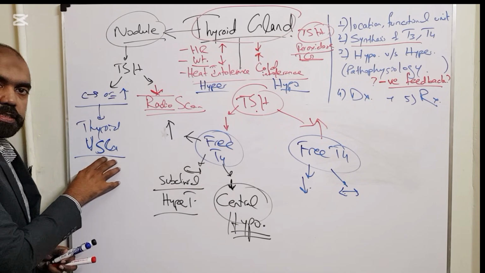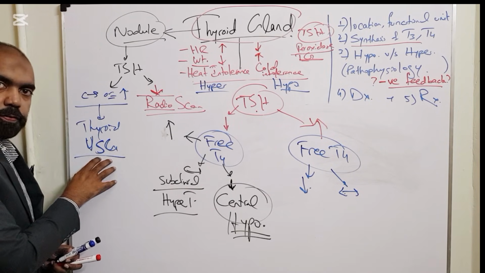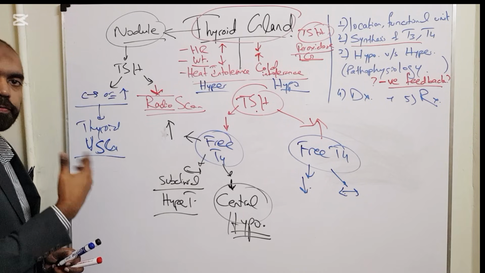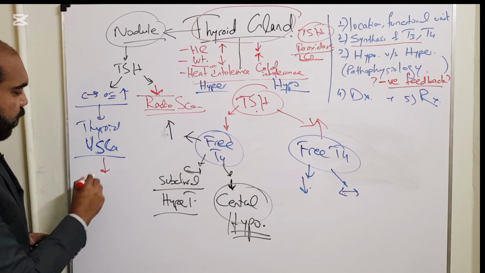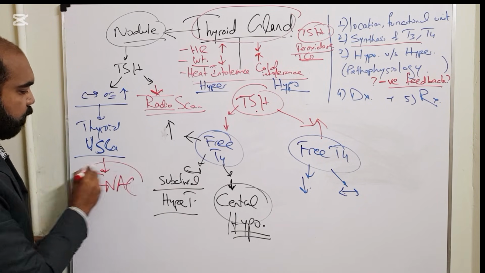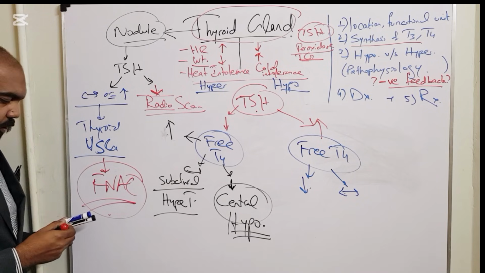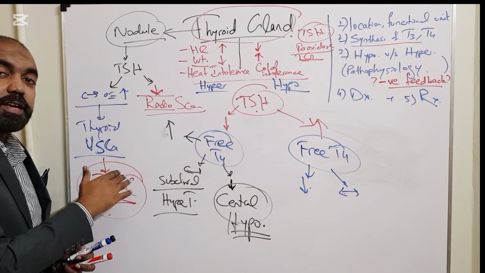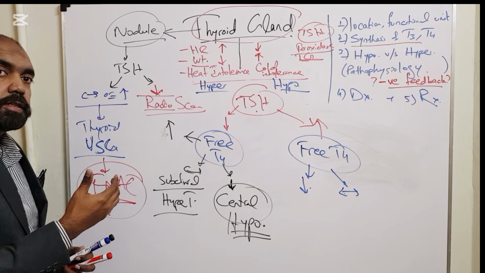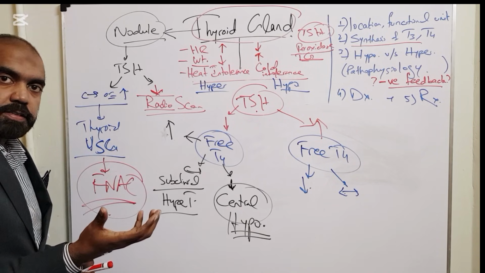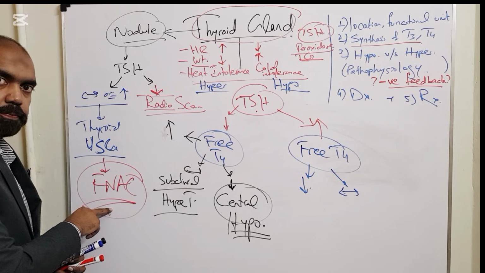And then the features inside the ultrasonography, the report, that will decide either we go for observation or we need to do FNAC. Okay. So of course, if you have features that is pointing towards the malignancy, so then we go for FNAC.